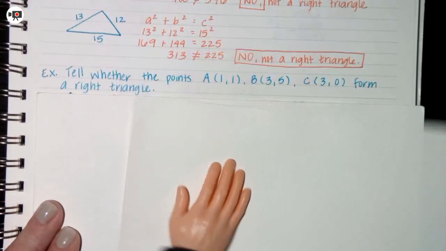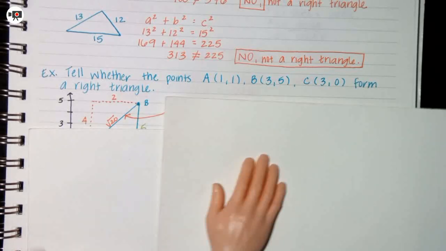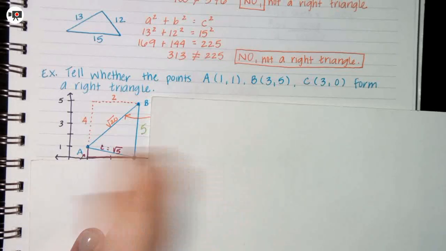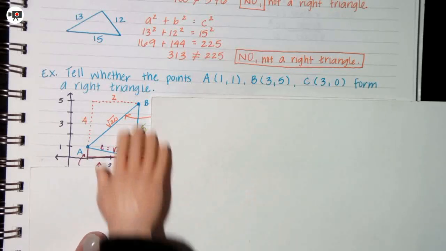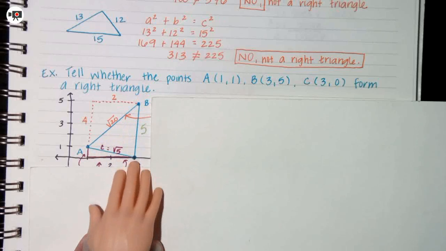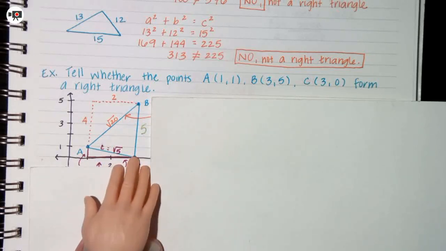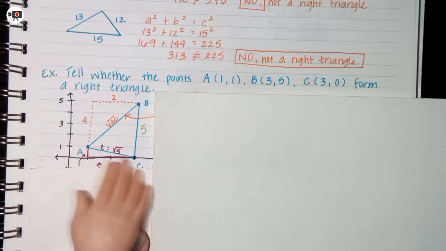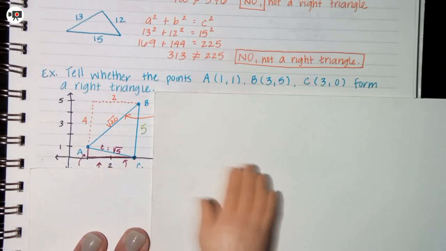So now we're going to look at when we are given coordinates and see if they form a right triangle. So in plotting these, I get this blue triangle for (1, 1), (3, 5), and (3, 0). I can count this one because it's straight vertical, and that would be 5, to go from 5 down to 0. And then I need to find the length of this bottom side from A to C. But it's on a diagonal, so I can't just count it because it's not going to be accurate.